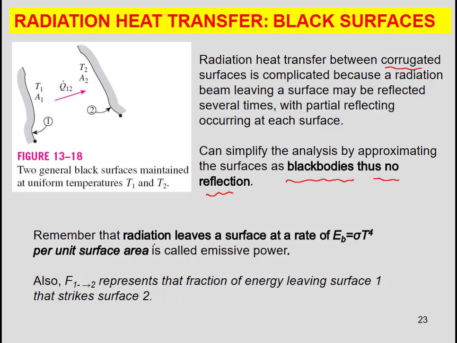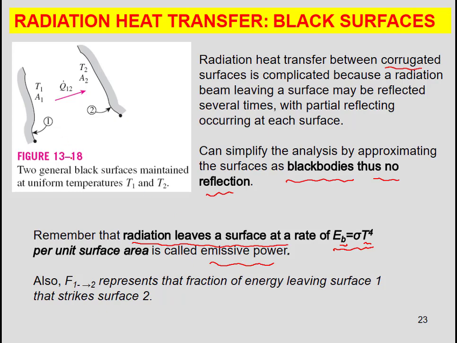So in this case, if you remember, we had radiation which leaves the surface at a rate of E_b, which for black bodies is equal to sigma T^4, where T is the temperature of that surface. And we call this emissive power, if you remember from previous slides.